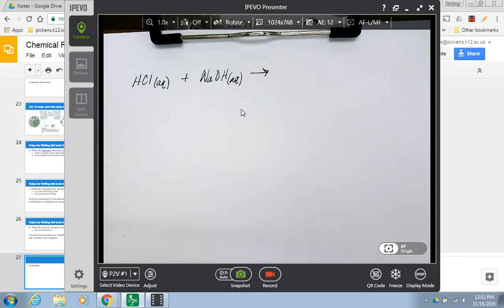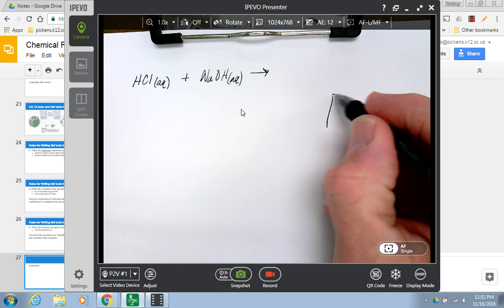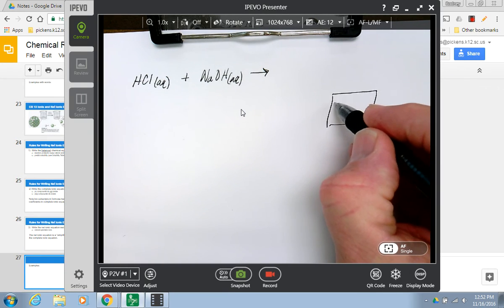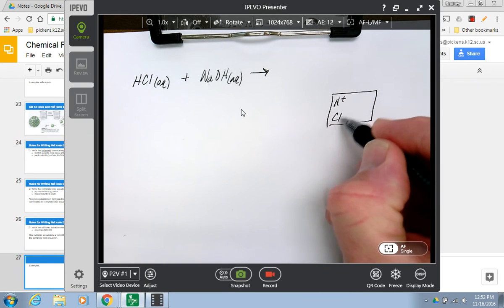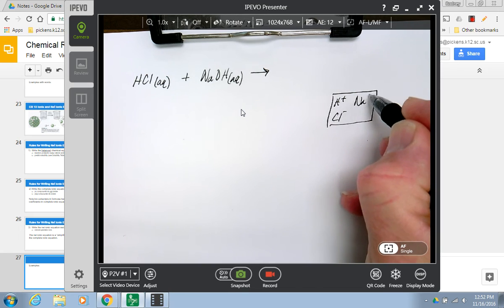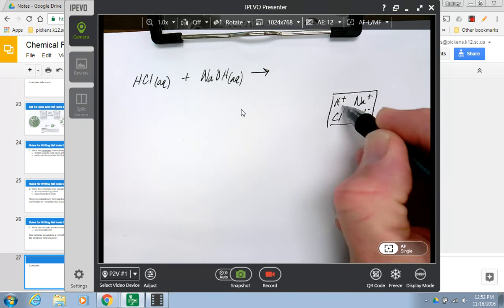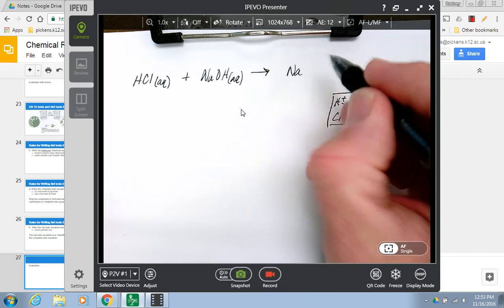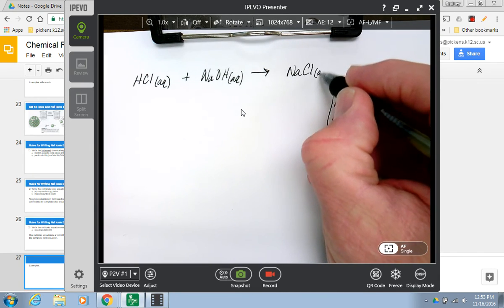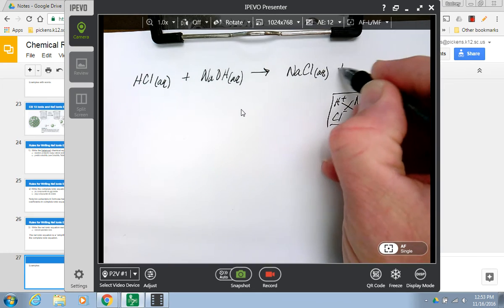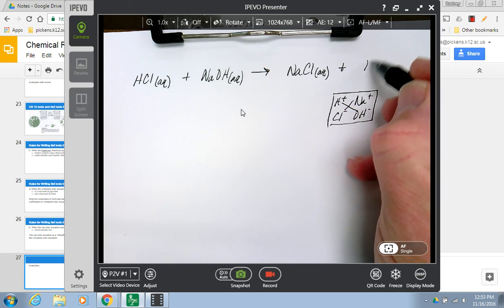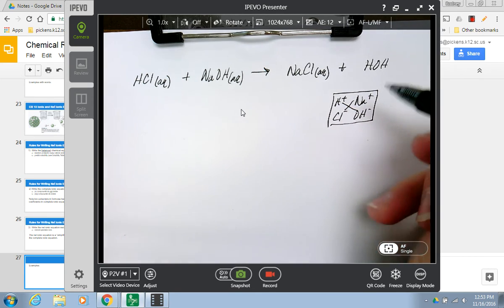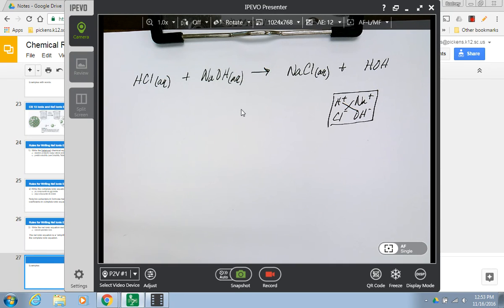Well, we treat neutralization reactions just like we do double replacement reactions, all right? So, whoops, let me go this way. So draw your little scratch pad, and you're going to put your H positive, Cl negative, Na positive, OH negative. So again, these are going to switch places, and you're going to form sodium chloride, that is aqueous, and you're going to form HOH, okay, which you could also write down as what?